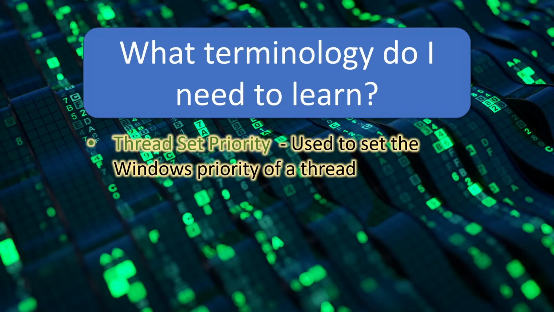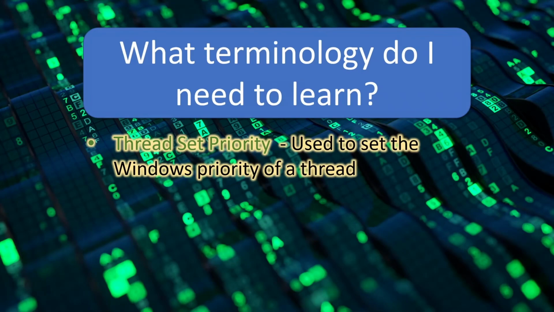Thread set priority. This is used to set the Windows priority of a thread. Just like the application priority, this can range from idle, as being the lowest, to time critical, being the highest. A thread which has its priority set to idle means that it will only be executed when there is very low usage of the CPU.